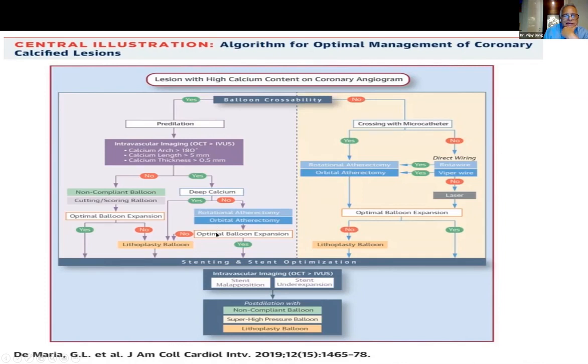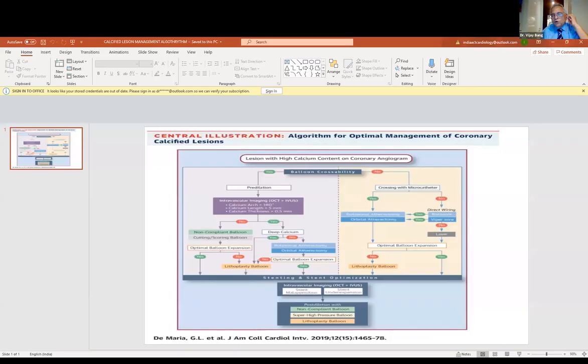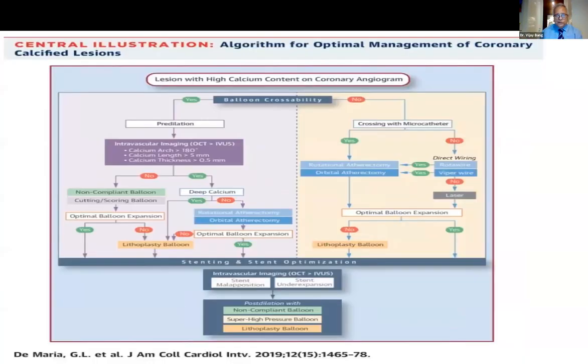If optimal balloon expansion is there after the rota, then we can consider stenting and optimization based on OCT, either with a non-compliant balloon or an OPN high-pressure balloon. Even post-stent, you can use lithoplasty for stent expansion. This is a new thing that has come, in my view.